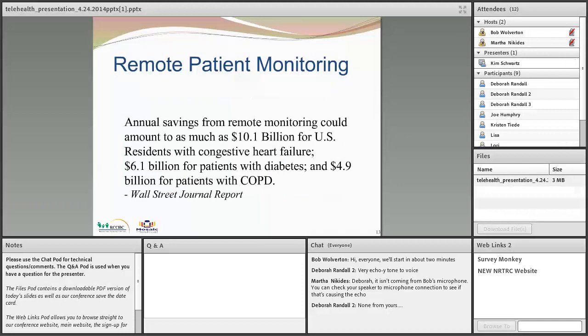So this is a quote from about 3 years ago from the Wall Street Journal when everybody was looking for some value-based solutions. And amazingly, everyone believes this data, but there's still these huge barriers for folks diving in on the shared savings component of utilizing remote patient monitoring.